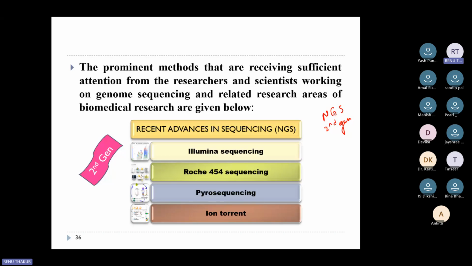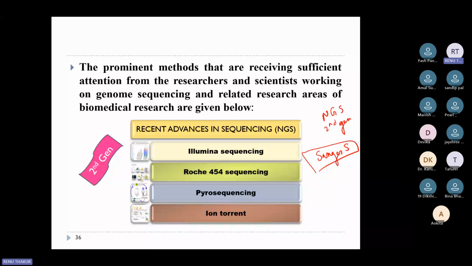Because these are the latest developments, or you can say advancements, on the conventional Sanger sequencing. You cannot forget Sanger sequencing, because this is the basic principle. All the recent sequencing technologies rely on Sanger sequencing only.